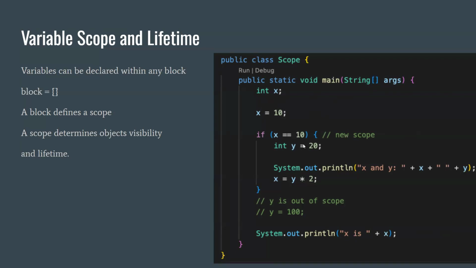We have this y, and after this scope is over, y is out of scope, so y won't exist. But x, because x lives within main, from the start of main to the end of main, x should be visible inside the scope that is defined by the if statement.